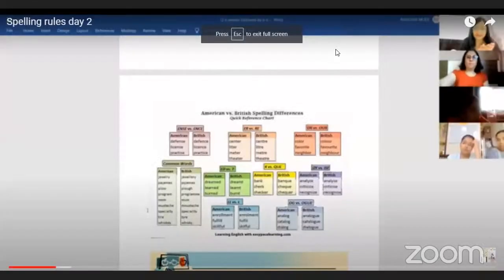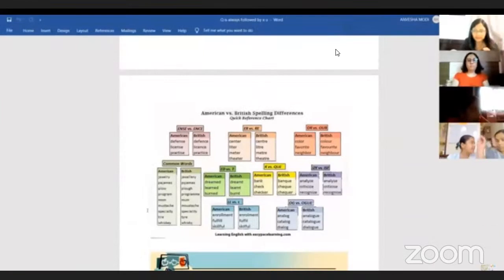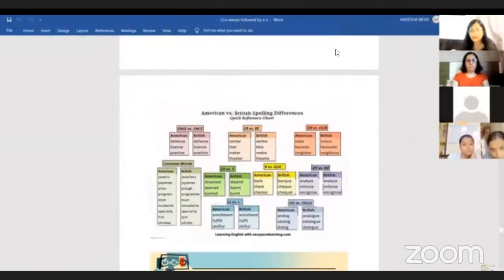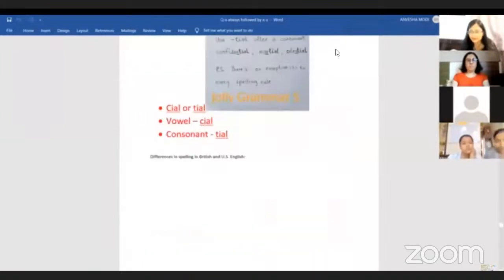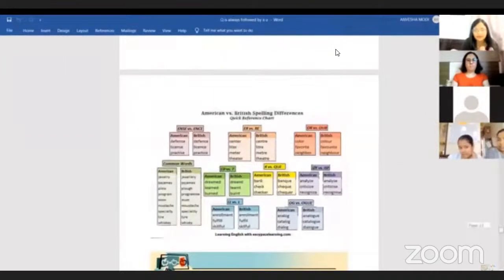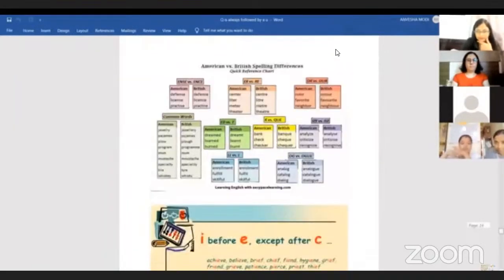These differences are there if it is American spelling or if it is British spelling. So there's nothing to explain. You can just go through these spellings. Both are correct. We can't say that one is wrong and the other is correct, because one is following the American spelling and one is following the British spelling. Okay.